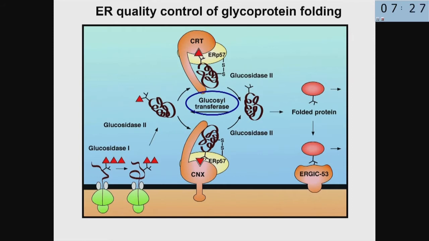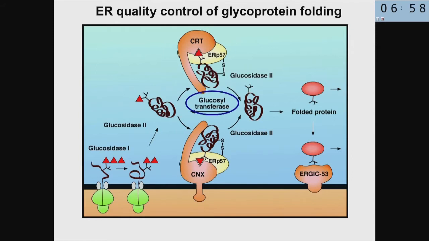Then glucosidase 2 removes the second one and creates this glucose 1-mannose 9 epitope. Then this epitope is recognized by calnexin or calreticulin that behave as non-conventional chaperones, because the interaction of the glycoprotein folding intermediates with calnexin or calreticulin increases the folding efficiency by preventing aggregation.